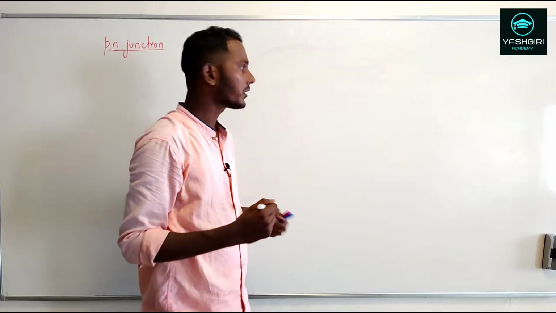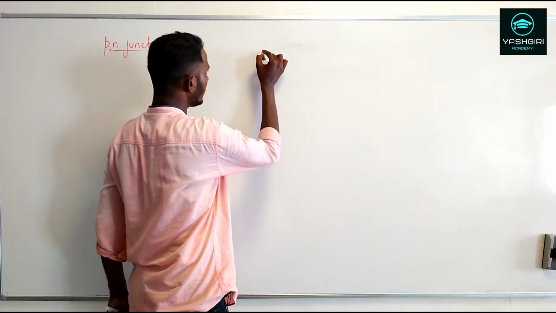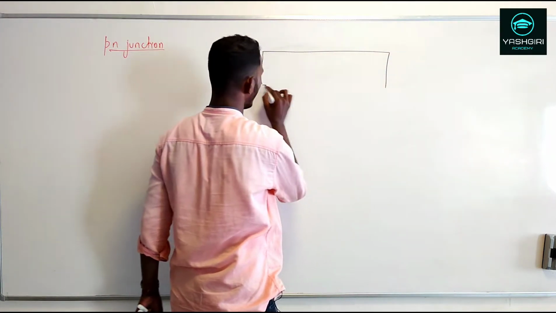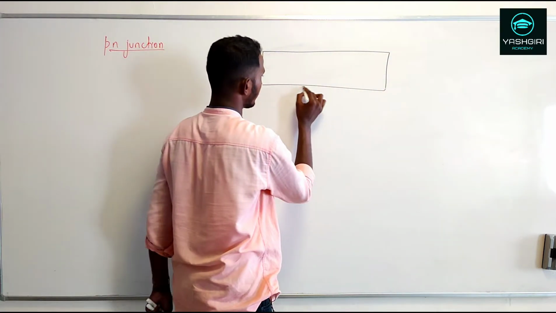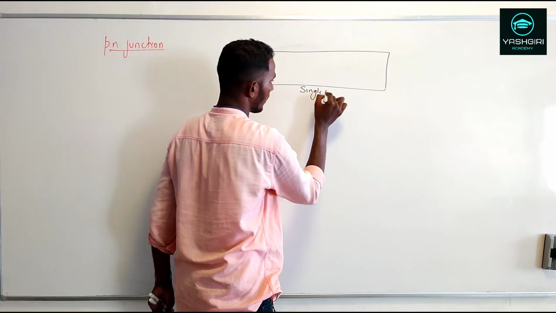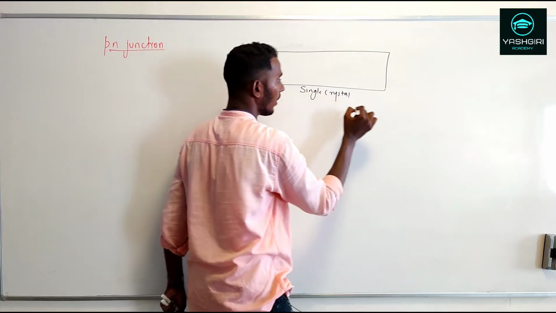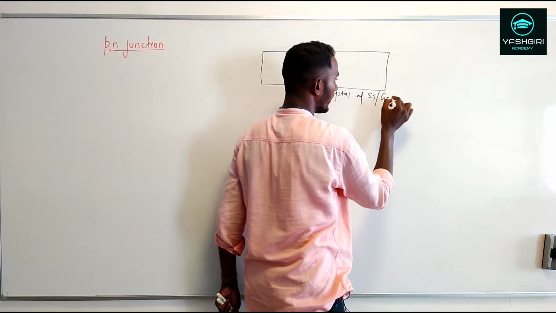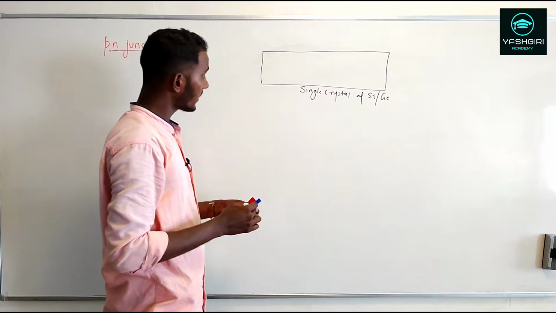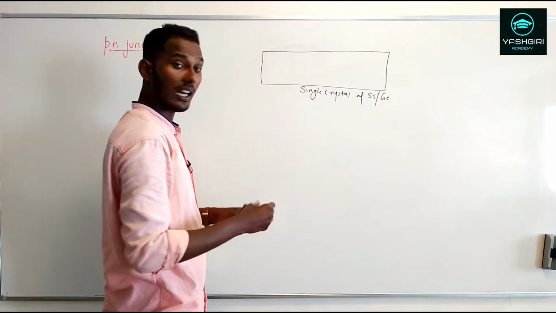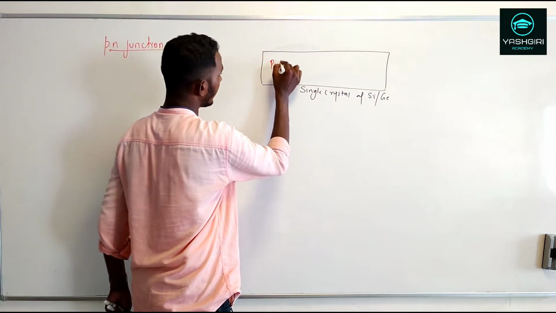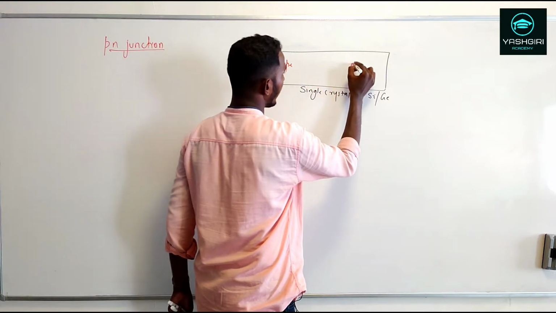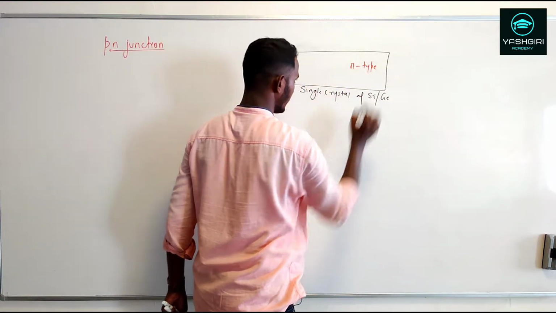Now what is a p-n junction? A p-n junction is basically a single crystal of silicon or germanium, doped in such a manner that one half of it will act like a p-type semiconductor and the other half will act like an n-type semiconductor.